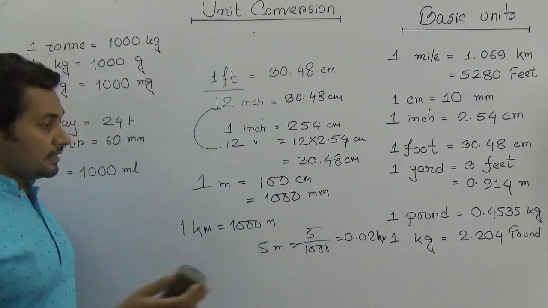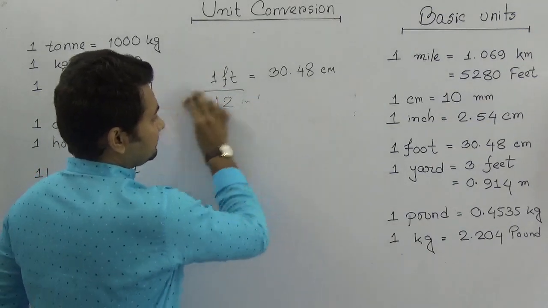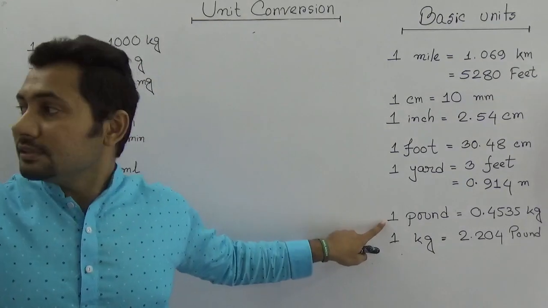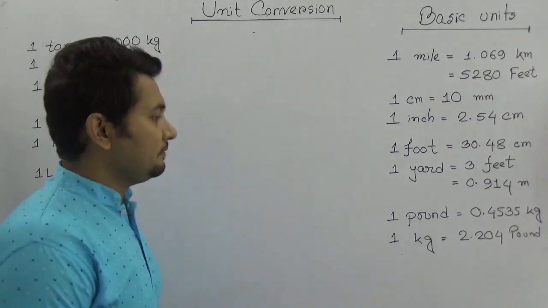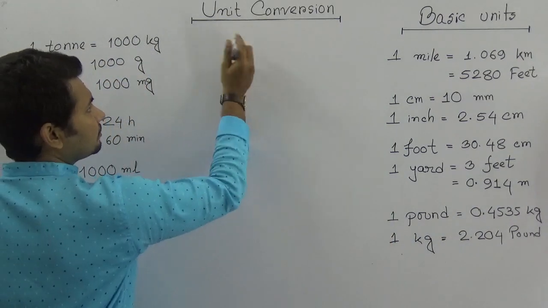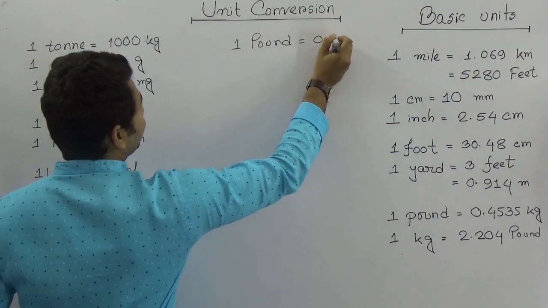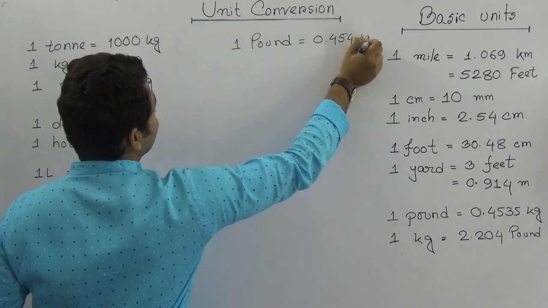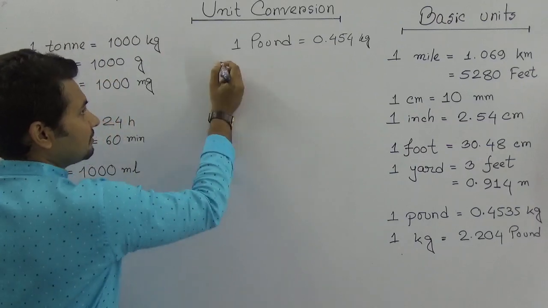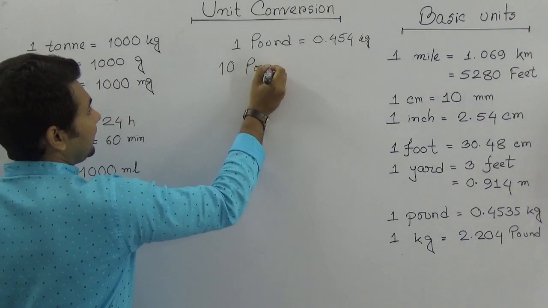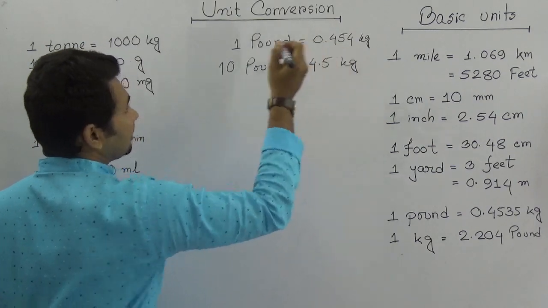Okay, so again, in case of mass, pound to kilogram. 1 pound is 0.453 kilogram, or we can say 1 pound is 0.454 kilogram. So when we order a birthday cake, we say okay, 10 pound cake, that is 4.5 kilogram.